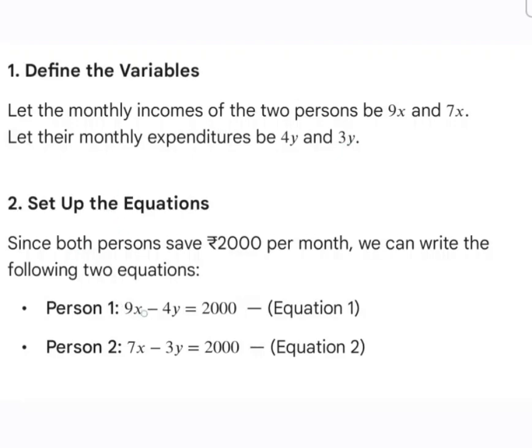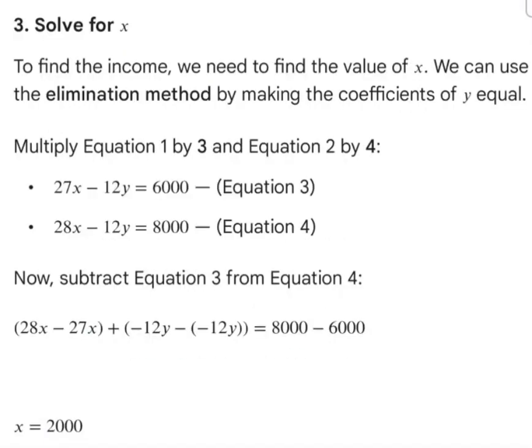The first person saves 2000 per month, and the income is 9x and the expenditure is 4y. 9x minus 4y equal to 2000, and the second person saves 2000 rupees and the income is 7x, so 7x minus 3y equal to 2000.